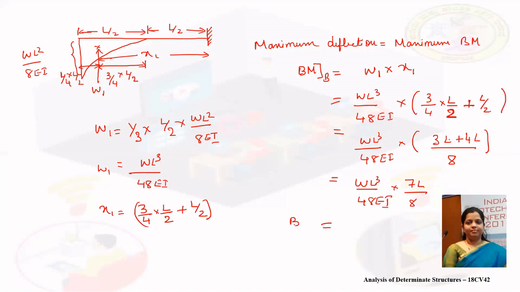Therefore, maximum bending moment at B works out to be 7WL raised to 4 divided by 384 EI. Therefore, maximum deflection at B will be equal to 7WL raised to 4 divided by 384 EI.